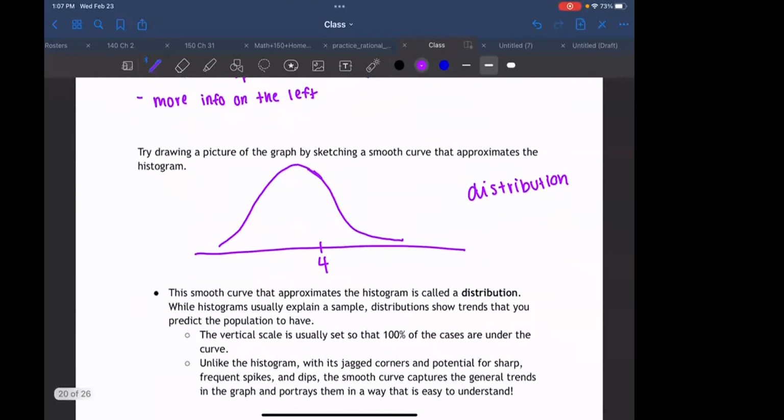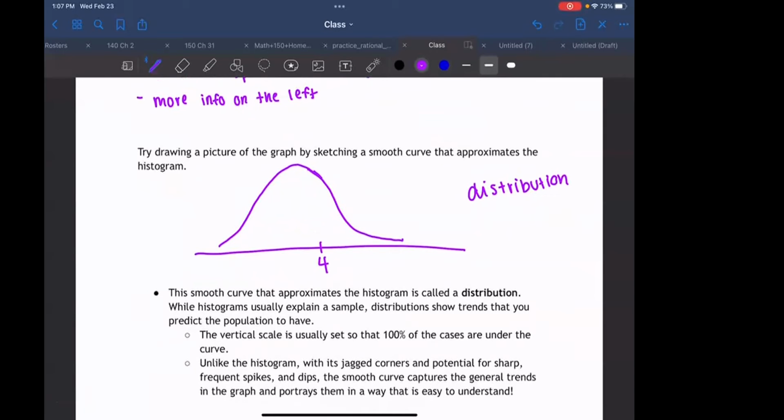One other thing about distributions is the vertical scale. I didn't draw a vertical scale, but let's just pretend I did. We usually make these drawings represent the entire population or the number of things that we're interested in.